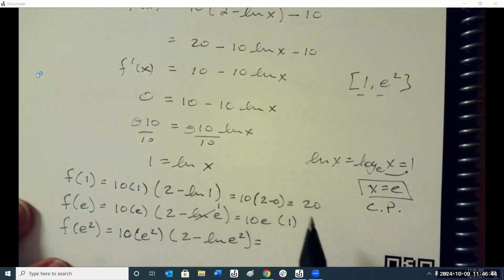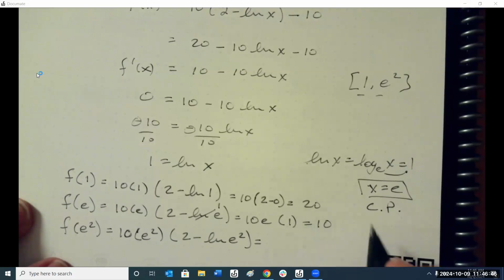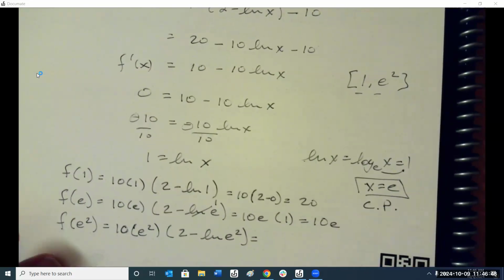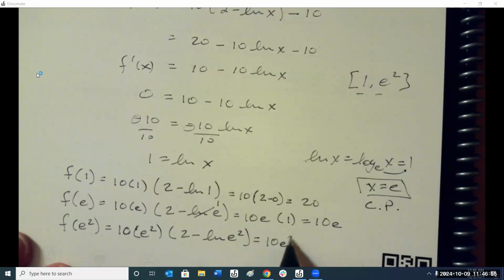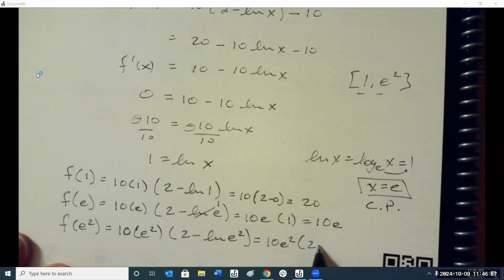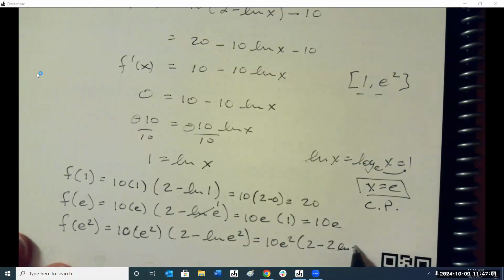So 2 minus 1 is 1. So it's 10e. For e squared, we have 10e squared, 2 minus 2 ln e. ln e is 1, 2 minus 2 is 0, so the answer is 0.